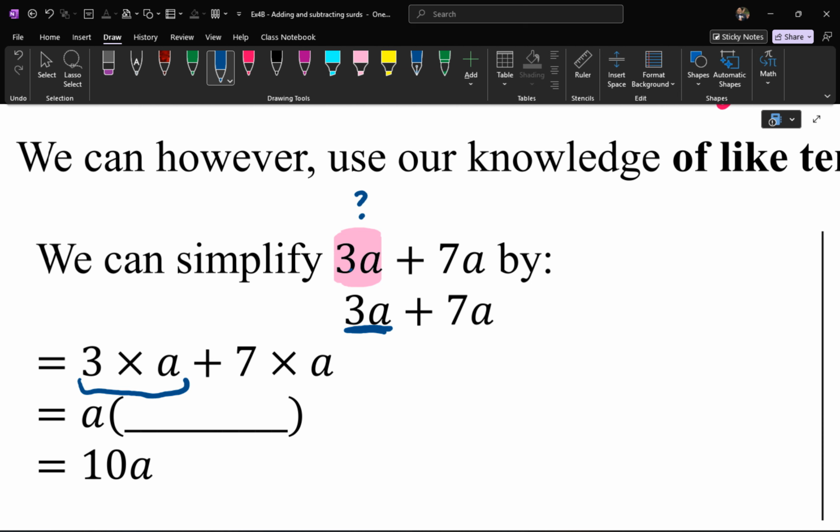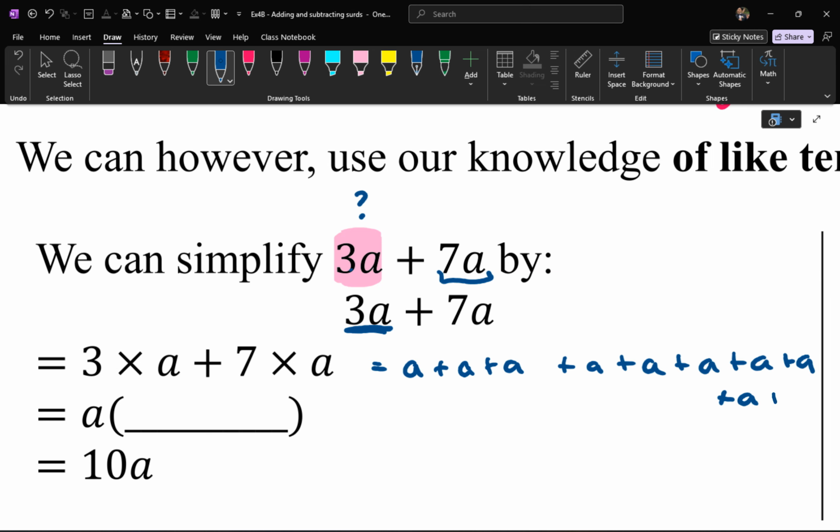That's 3 times A. 7A means 7 groups of A, is over here. What's interesting is that if you wrote it out, expanded it, that is the same as saying A plus A plus A plus A plus A plus A plus A plus A plus A plus A. I think that's 7 there. Can you see that's 3, and that's 7 over there? So that means we have 10 of those A's.